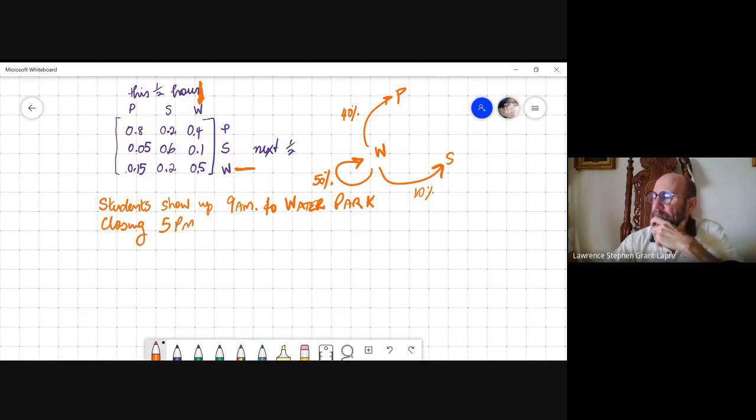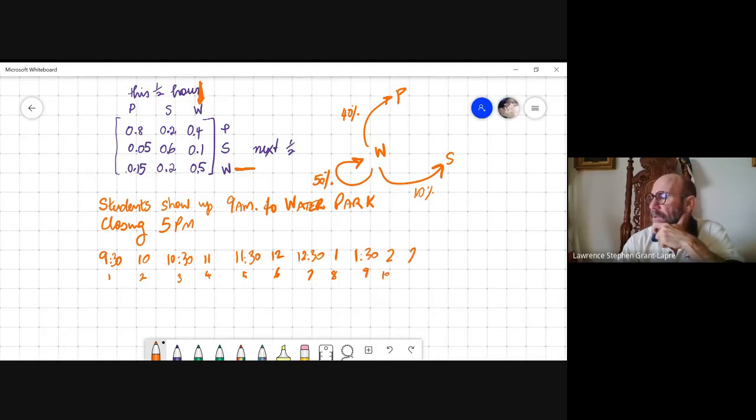Now, what we have to do is say, well, at 9:30, there will be a migration. Then at 10 o'clock, there's a migration. At 10:30, there's a third migration. 11 o'clock, 11:30, you got the picture. 12, 12:30, 1, 1:30, 2, 2:30, 3, 3:30, 4, 4:30.